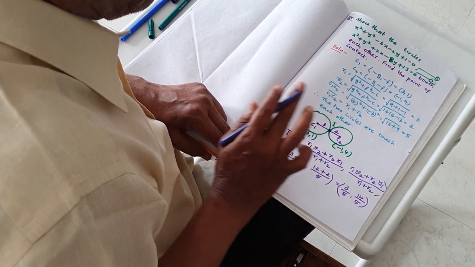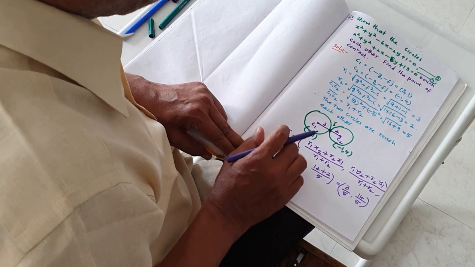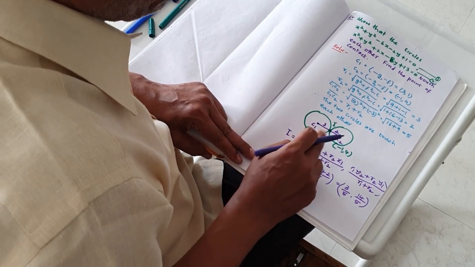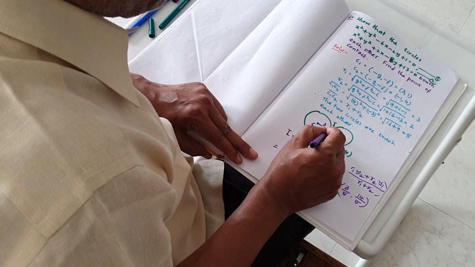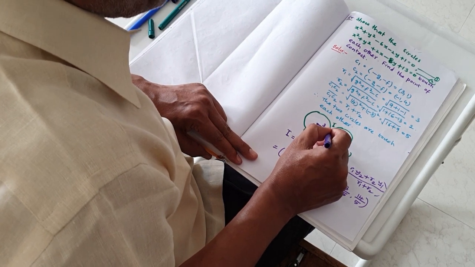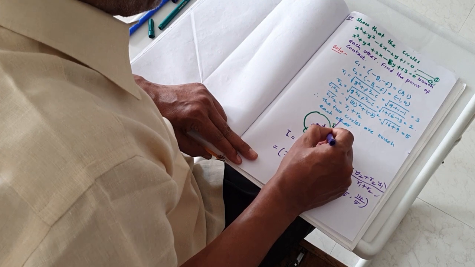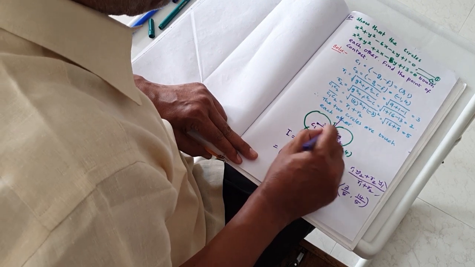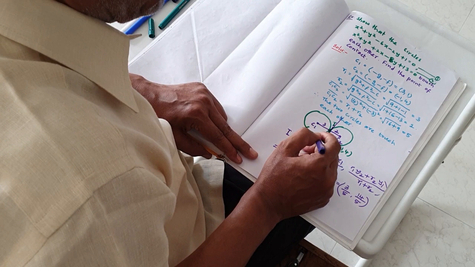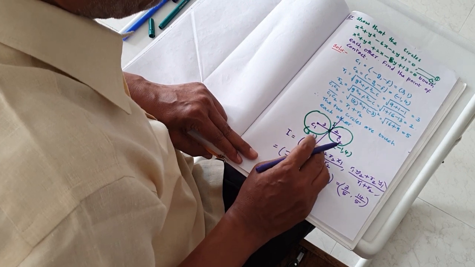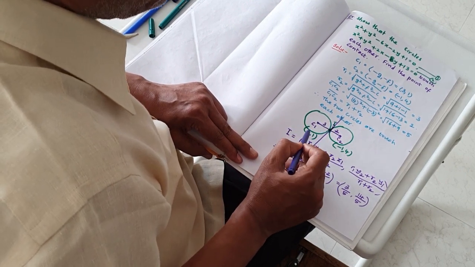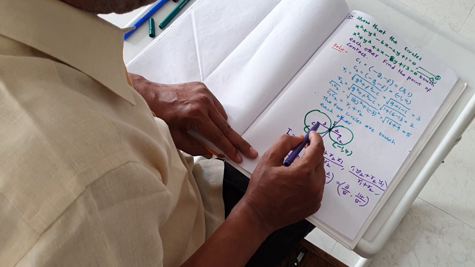Suppose you want to find the equation of the line passing through the point of contact, that is the common tangent of both the circles. The equation of this one is how you can find. First find the slope of this C1, C2 line, that is perpendicular to this line.